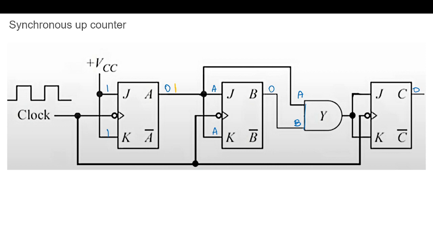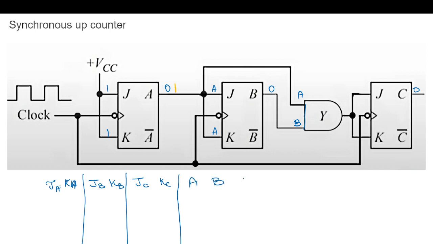So we have to write for JA, KA, JB, KB, JC, KC, and what will be the output? In this case, it is A, B, and C.